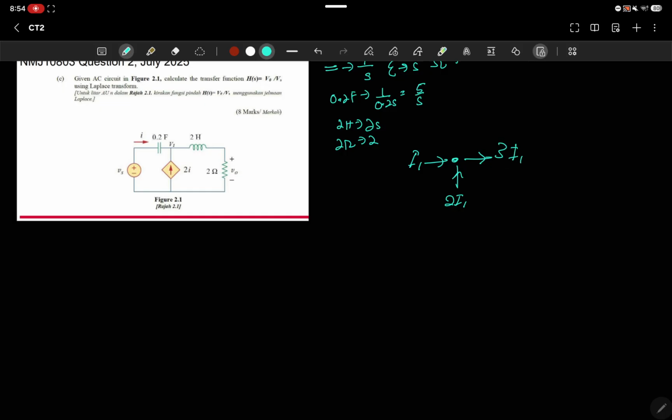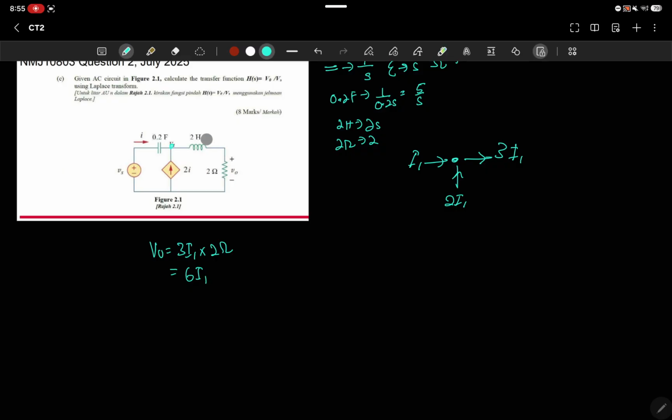Now if you remember what I said, current is same in series. Voltage is same in parallel, meaning that the voltage of Vs is not same as this. So don't do the stupid stuff. Current is same in series, meaning that the current here is the same current here, meaning if current 3i1 is traveling here, the same current is also traveling here, meaning VO is just 3i1 times by 2 ohm, which is equivalent to 6i1.